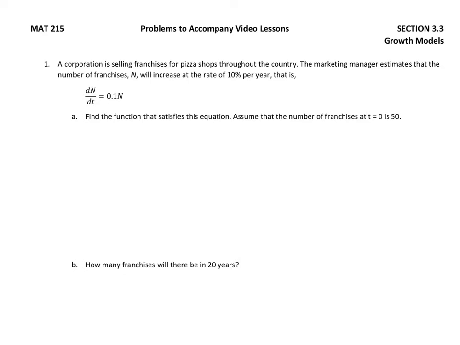Now we've learned that the exponential function is the only function for which the derivative is a constant times the function itself. So we know when we're coming up with a function to represent N, it has to be an exponential function.